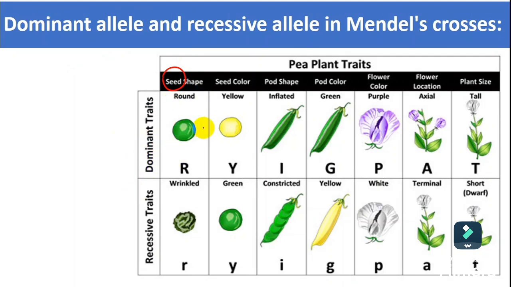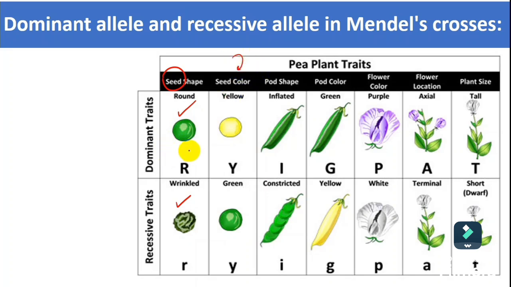If we cross a round seed shape with a wrinkled seed shape, will all of the first generation be round or wrinkled? Yes, it will be round, because all of the first generation will show the dominant trait. But if we focus on the second generation, it will be 3 round and 1 wrinkled.